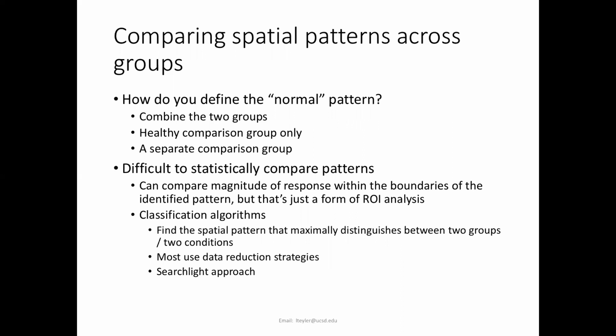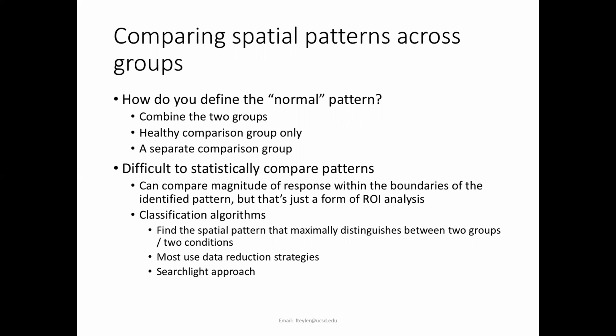So it's hard to find something that's not just a form of voxel-based or ROI analysis, but classification algorithms can do that. And there's a lot of interest in using these sort of machine learning methods to classify groups based on their pattern of brain activity.